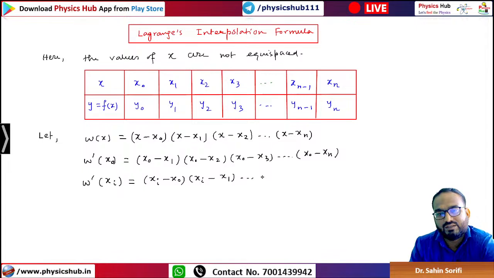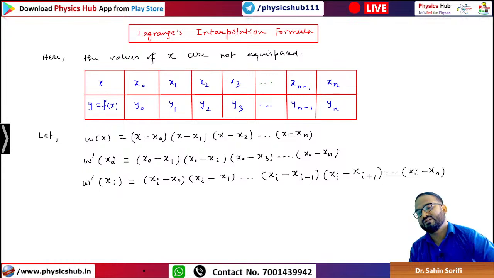It will go on. Which term will not remain? xi minus xi minus 1 will remain, but the next term, xi minus xi, is missing. So the next term will be xi minus xi plus 1, and so on, xi minus xn. Is it understood or not?